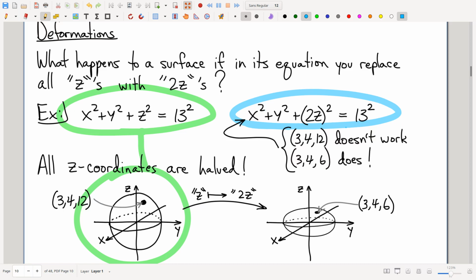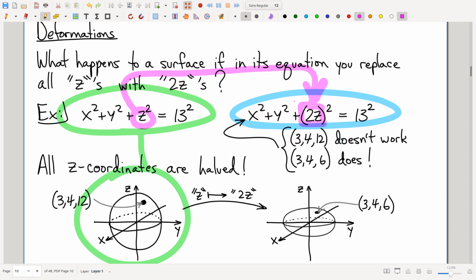The foot in the door is to realize that, of course, they're almost the same equation. The only difference is that everywhere I saw a z, I replaced it with 2z, which makes it a different equation, which makes points that worked over here not work over here.